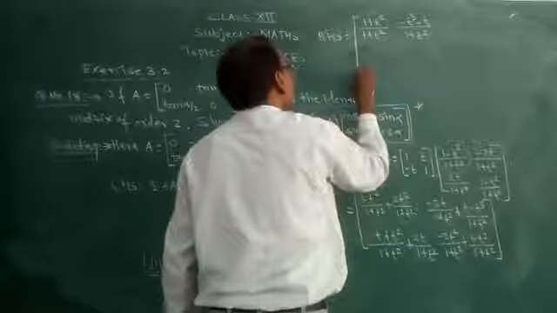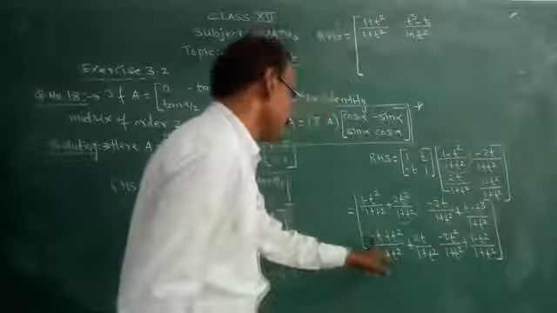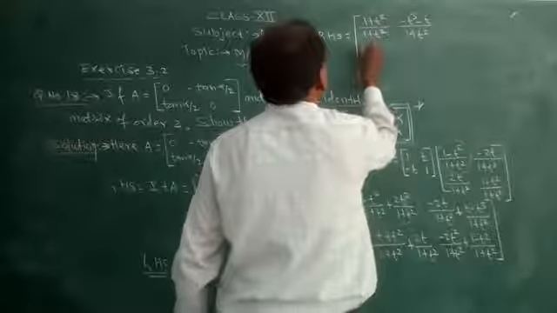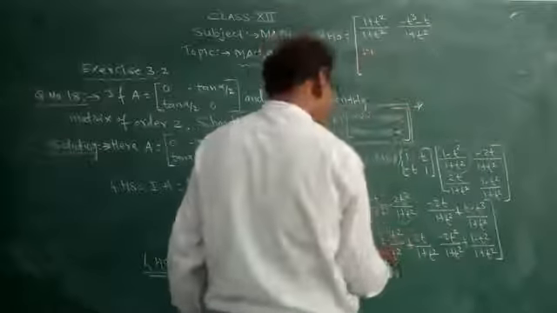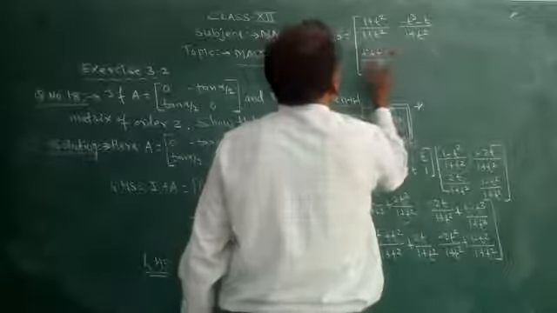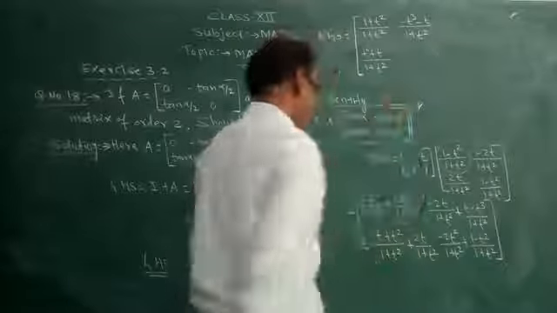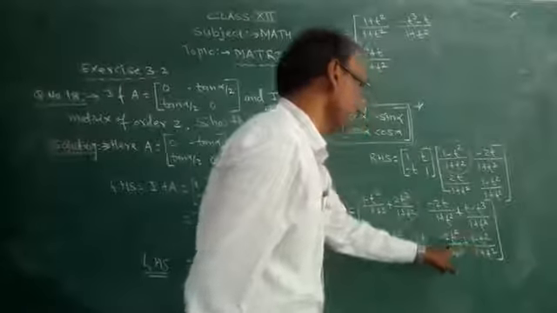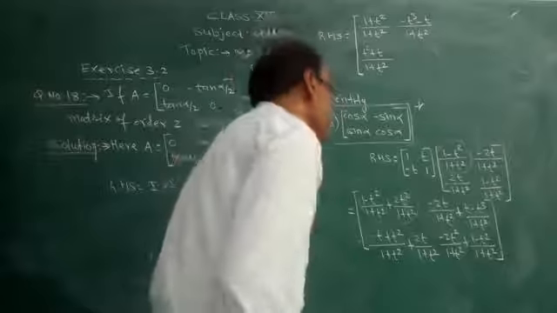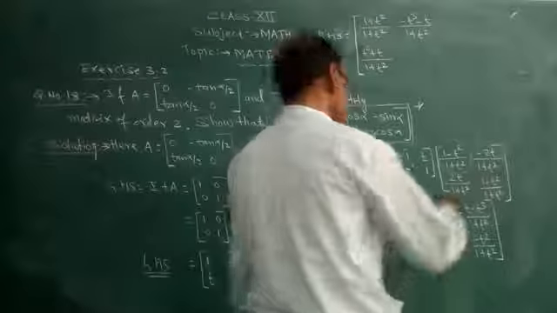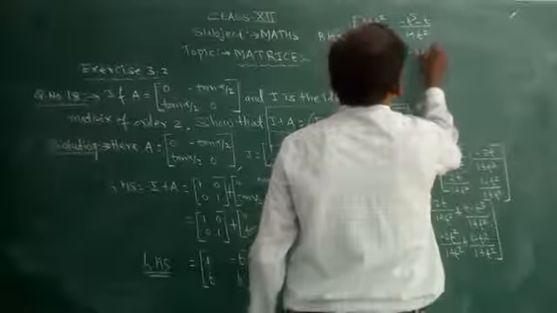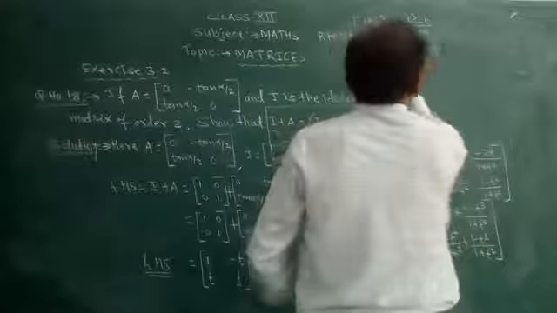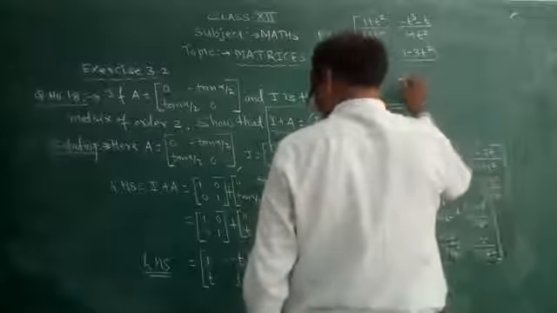Then this is minus t plus 2t, that is plus t, and this is t square plus t upon 1 plus t square. Then here minus t square minus 2t square, 1 minus 3t square upon 1 plus t square.